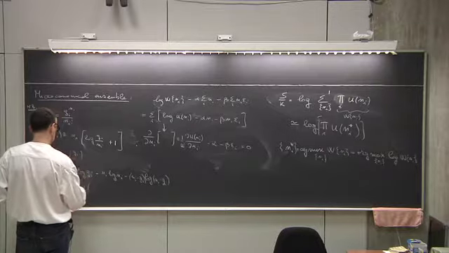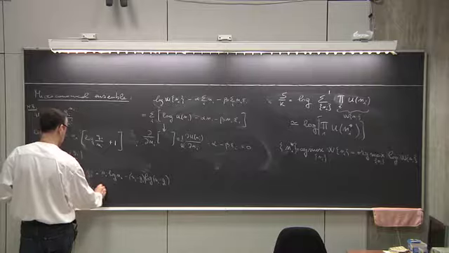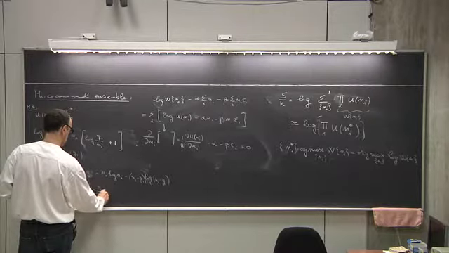There is a minus Ni log 1 minus Gi over Ni.